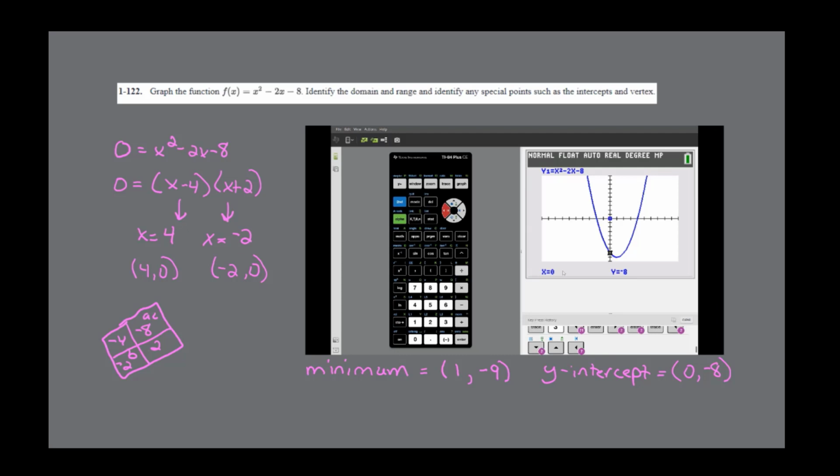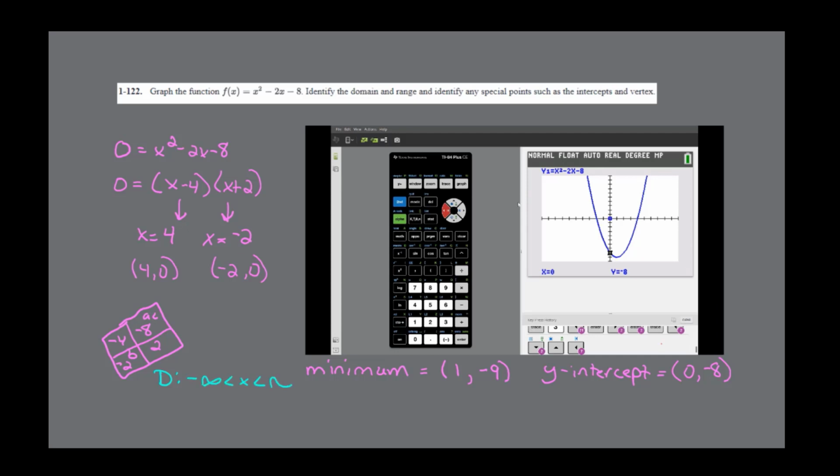Let's go back to the slide and calculate the zeros algebraically. So we did already show algebraically how to find the zeros, but one thing we did not touch on is the domain and range. So if you're taking a look at this graph, the domain, as it is always with a parabola, is negative infinity to positive infinity.